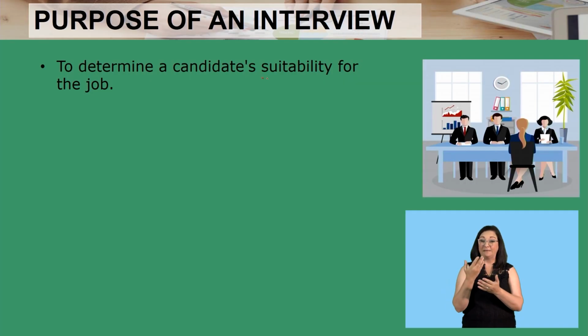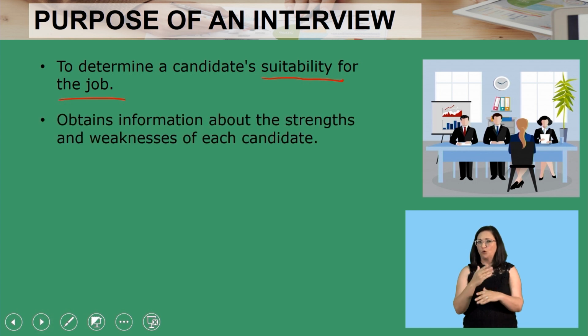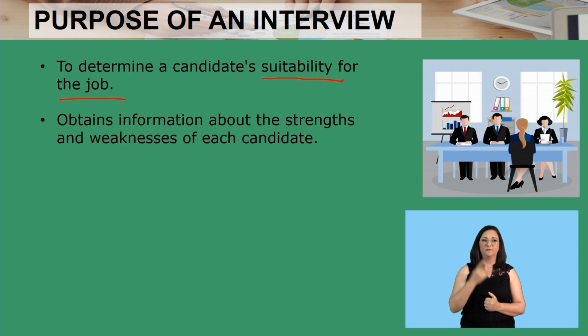It says to determine a candidate's suitability for the job, because sometimes the CV might say this, but when the person comes physically, it's a direct opposite of that. So we want to determine a candidate's suitability for the job. To obtain information about the strengths and weaknesses of each candidate.